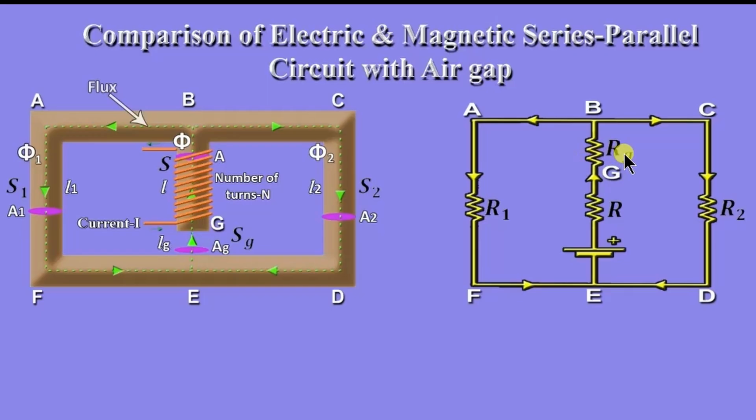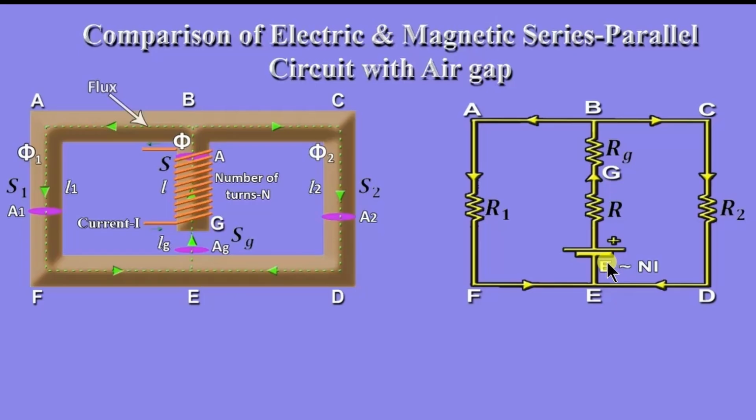Resistance RG in electric circuit is analogous to reluctance SG of that air gap in magnetic circuit. Resistance R1 of BAFE is analogous to reluctance S1 of path BAFE in the magnetic circuit, and resistance R2 of BCDE is analogous to reluctance S2 of path BCDE in the magnetic circuit.